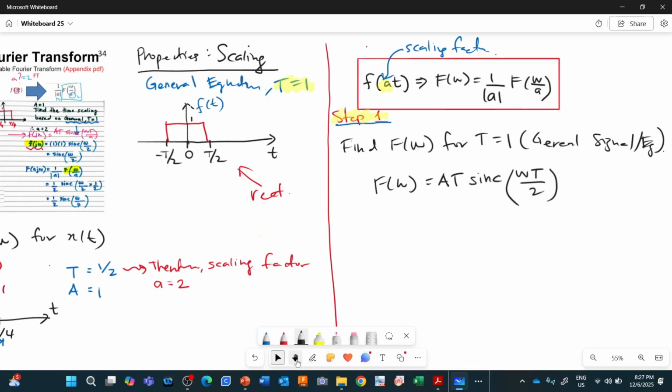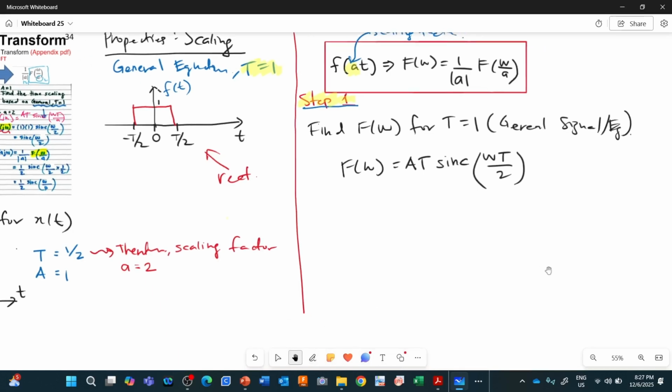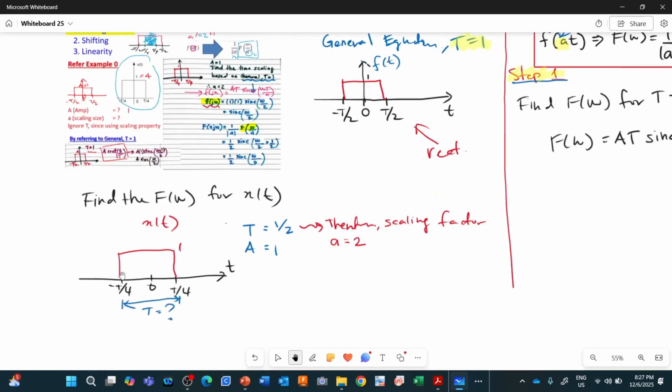Okay, so based on this, substitute the value that you have for the general equation. So for the general equation, the value that you need to substitute is, do you have A in the general equation? Yes, right? So if you want to substitute that, make sure that you follow what the value for A is over here.